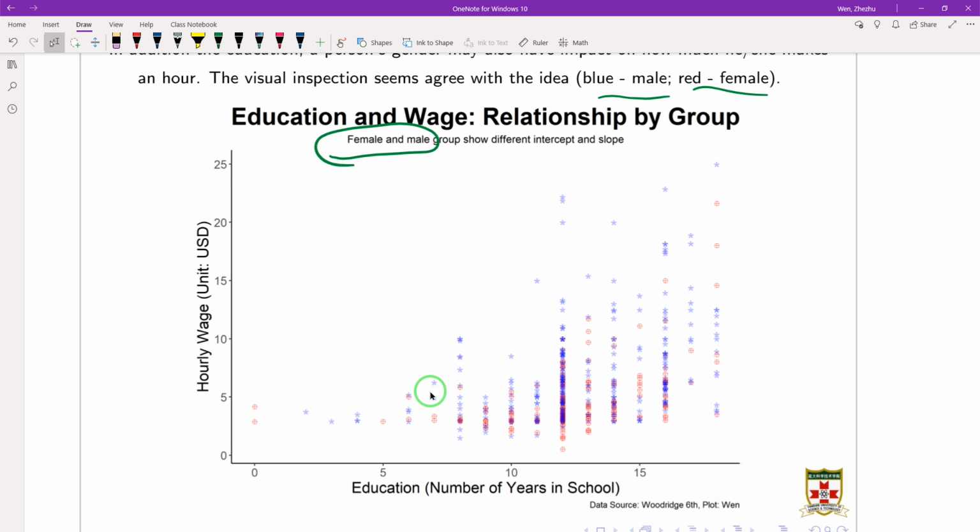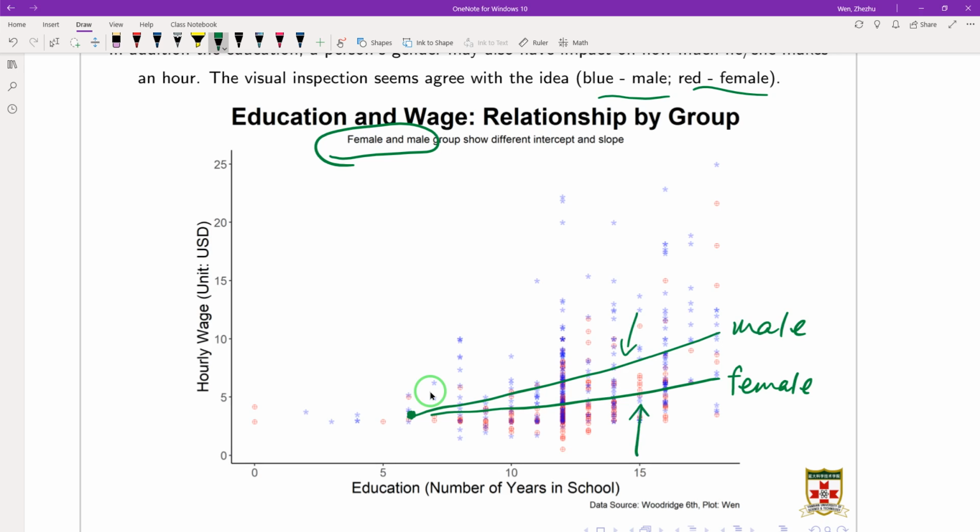It means that men with a higher level of education may make more money than women. The slope may be different. I'm not sure, we'll have to confirm it. It is possible that female and male have different slopes. They may have the same intercept, but a different slope. I don't know, but we have to find it out.